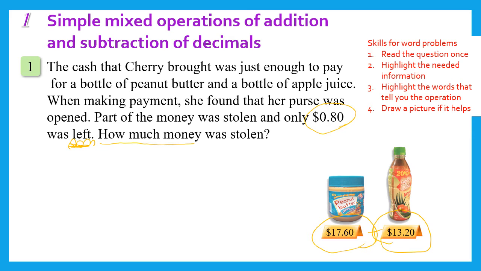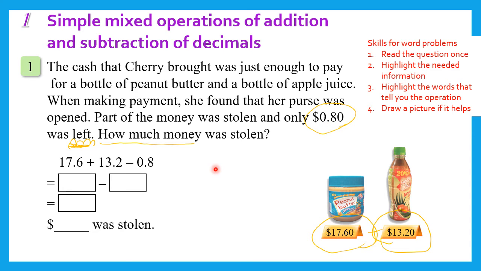So the original amount she had is the sum of these two numbers, and now she only has this number. So you can find out by using this calculation: 17.0 plus 13.2 minus 0.8, because it's the money that she has now, but before, the money she had was the sum of these two totals.